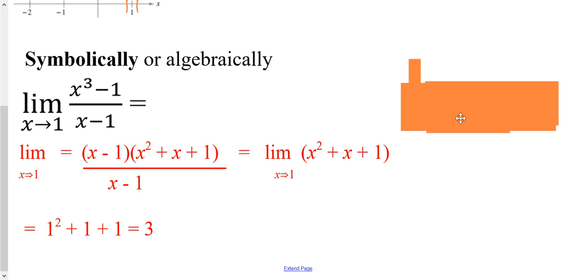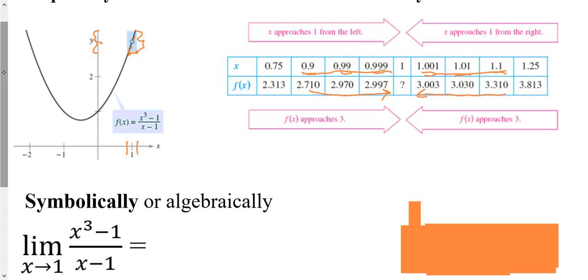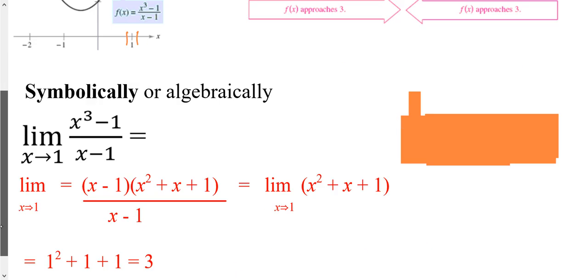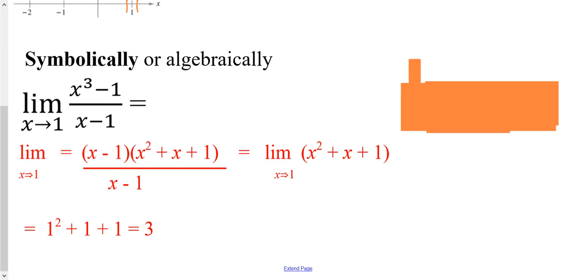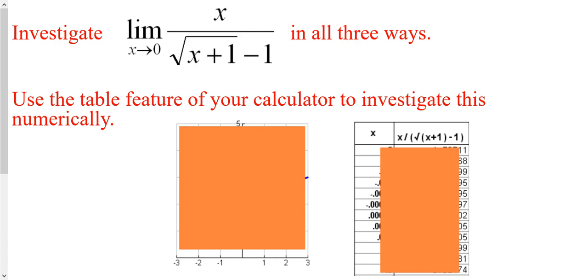So you can investigate limits graphically, numerically with a table, or algebraically, symbolically, by doing some algebra. In either case, we ended up getting the exact same value no matter how we did it.